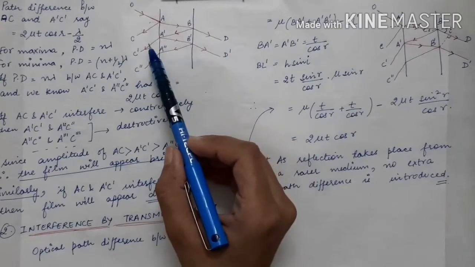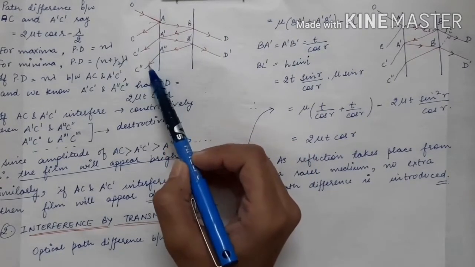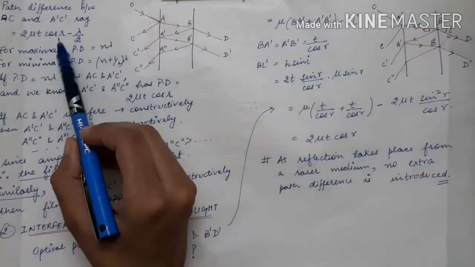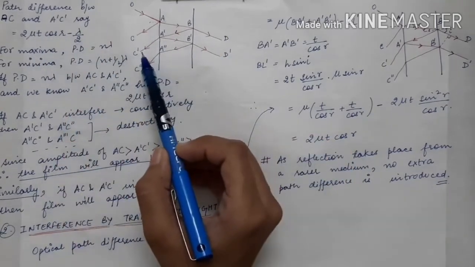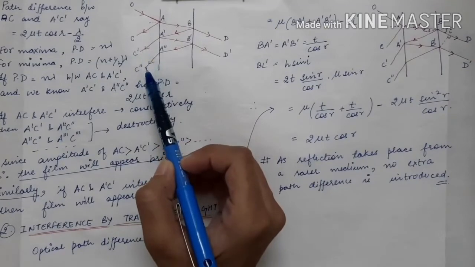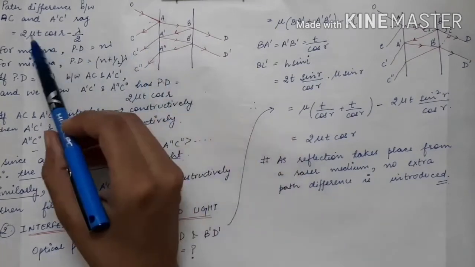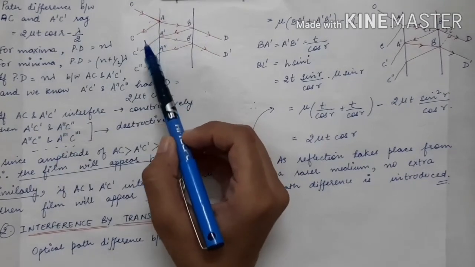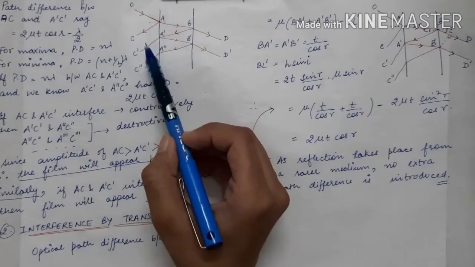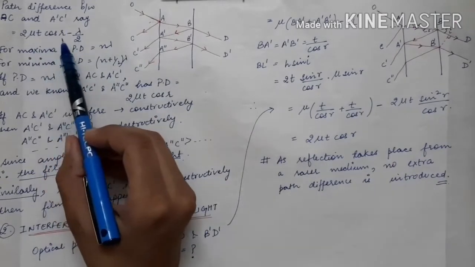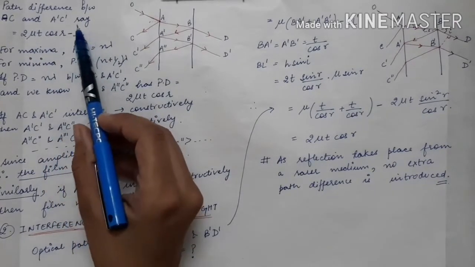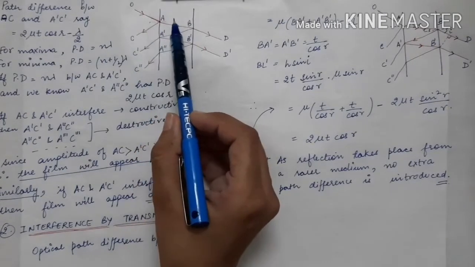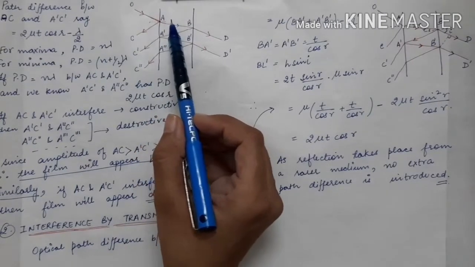So the path difference between the second and the third ray will remain just 2 mu t cos r, whereas the path difference between the first and the second ray is 2 mu t cos r minus lambda by 2, and this is introduced because the first ray is getting reflected from a denser medium.